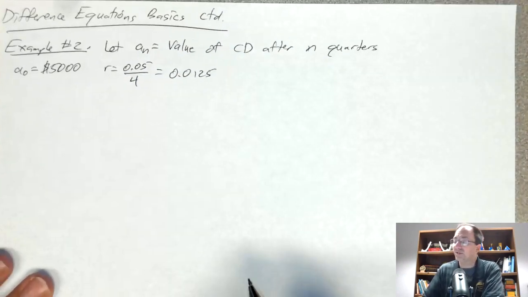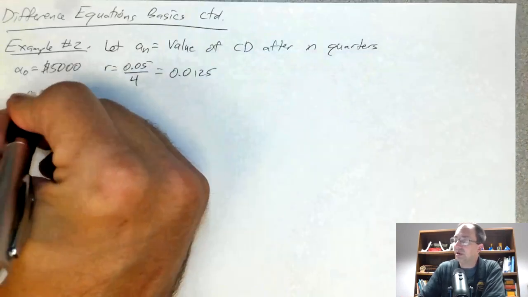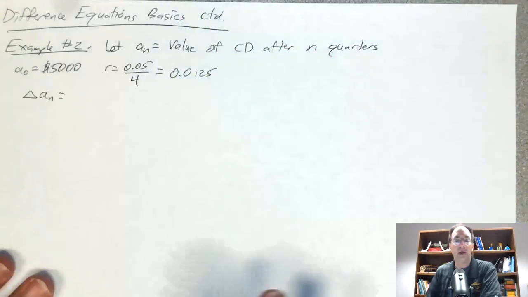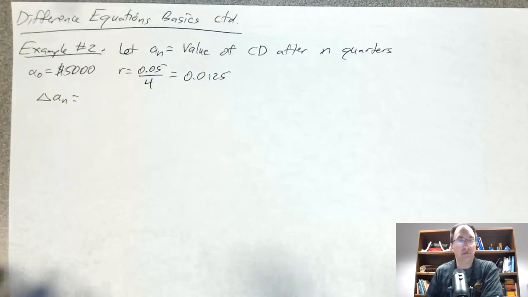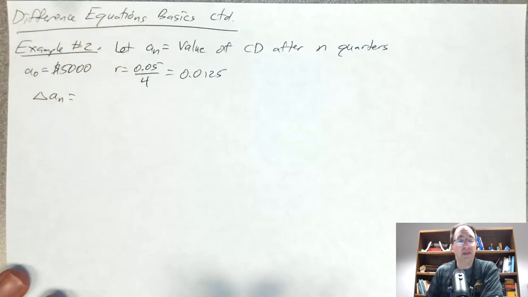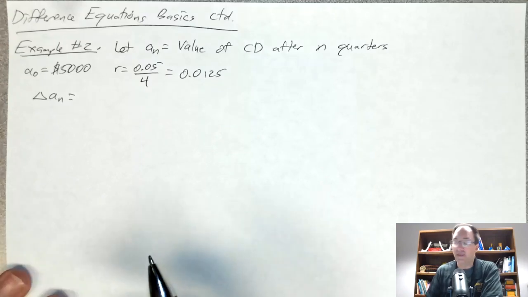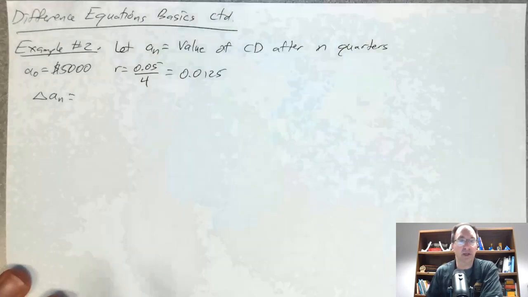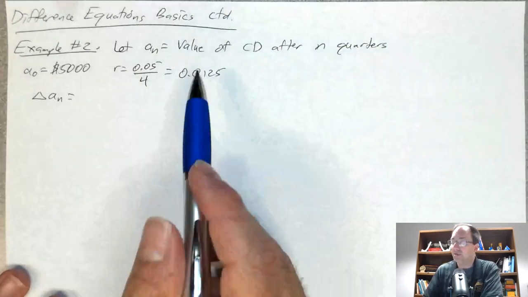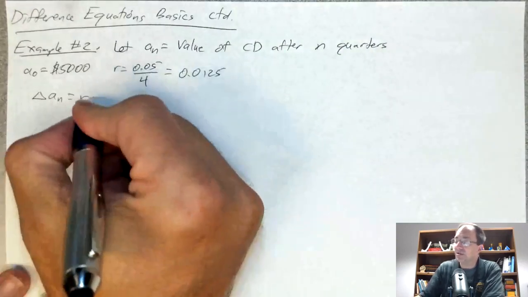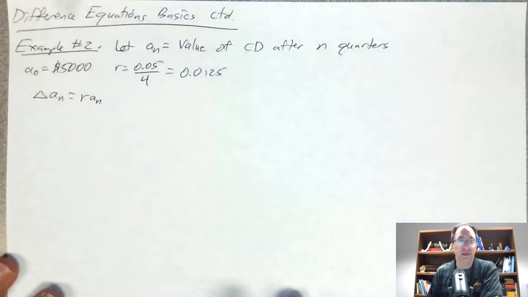And so what we would like to do is find the formula for A sub n. Since we're going to use a difference equation, let's start with delta A sub n. If you know how compound interest works, basically what the bank is going to give us is a proportion of however much we have invested. And that proportion is based on this quarterly interest rate. So we're just going to take R times the current value of the CD.